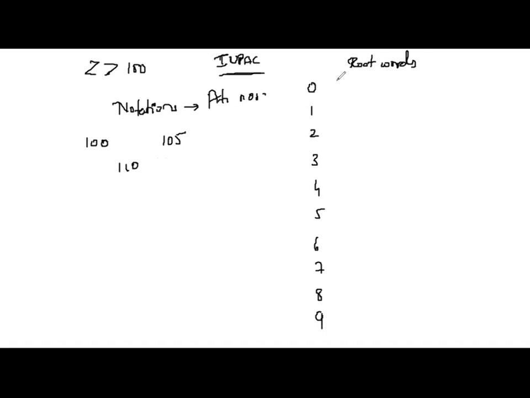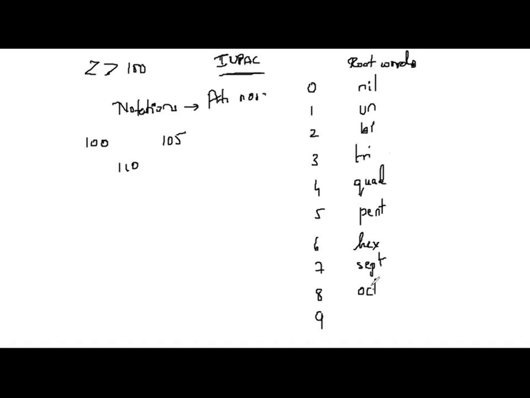For example, the root word for 0 was nil. For 1, it was un. For 2, it was bi. For 3, it was tri. For 4, it was quad. For 5, it was pent. For 6, it was hex. For 7, it was sept.